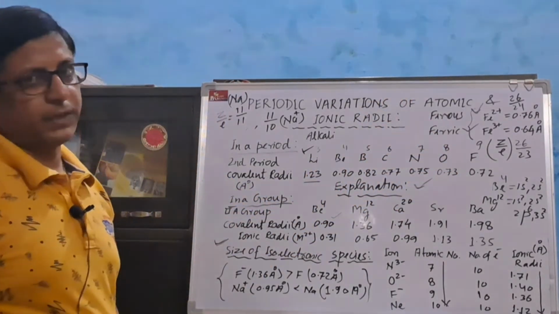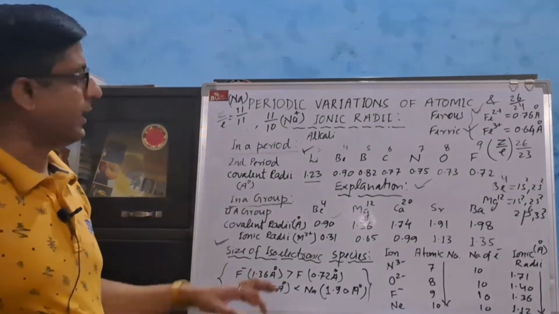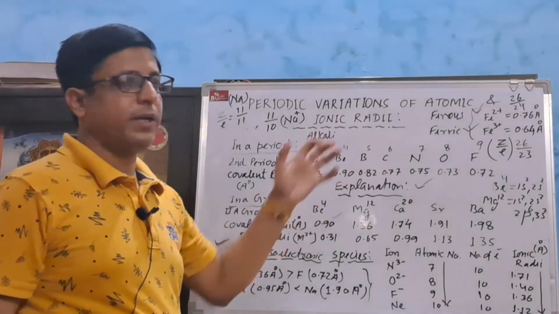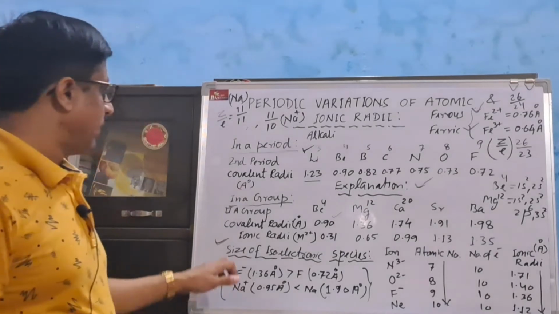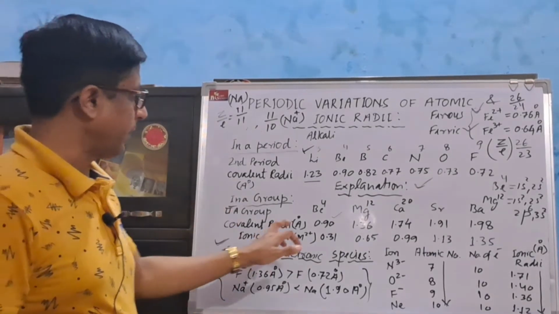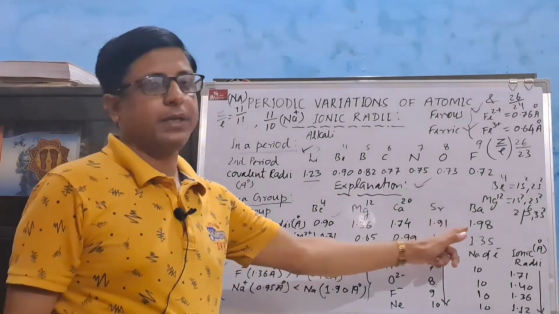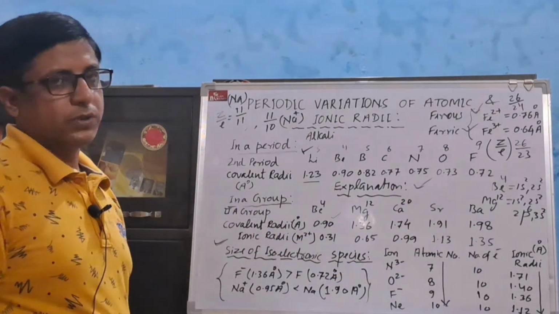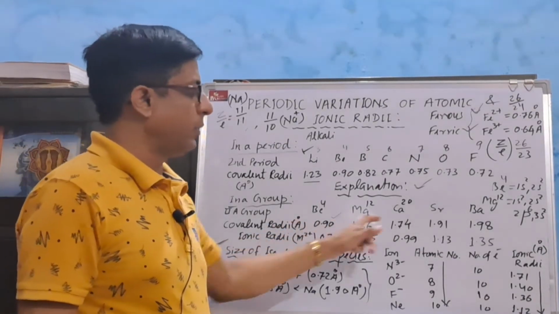This is due to the fact that the number of shells remains the same, but the nuclear charge goes on increasing, therefore electrostatic force of attraction increases, therefore size decreases. But in a group, for example in group 2A, when we move downwards, the size goes on increasing.